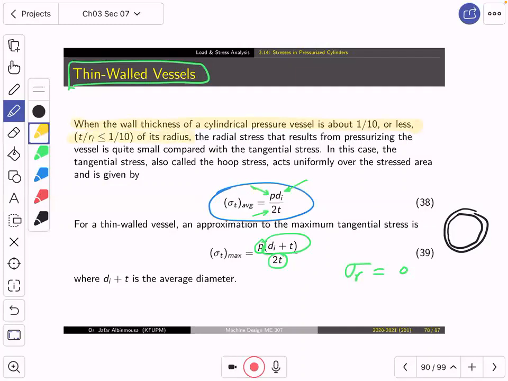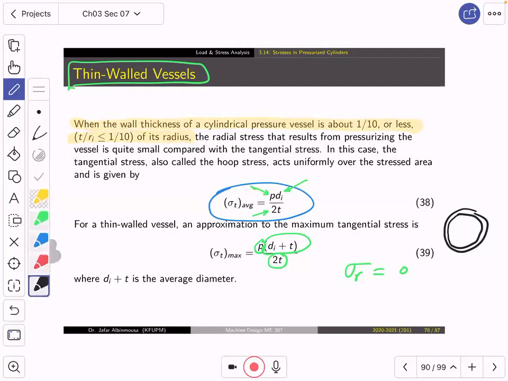When the wall thickness of a cylindrical pressure vessel is about 1/10 or less of its radius, which means that t divided by Ri is less than or equal to 1/10, then this is called a thin-walled cylinder.